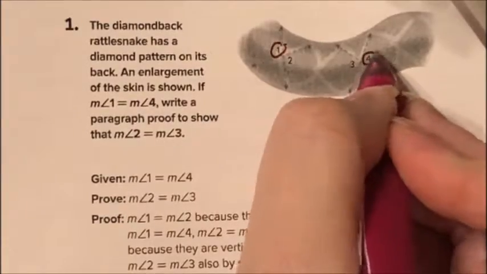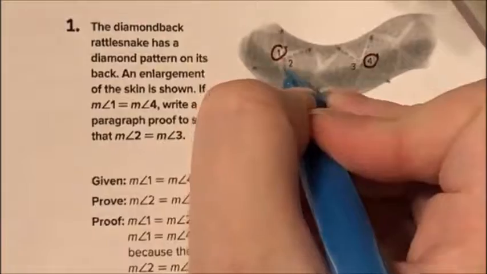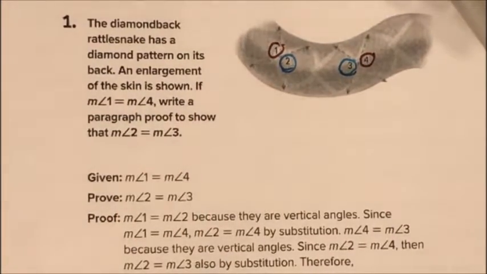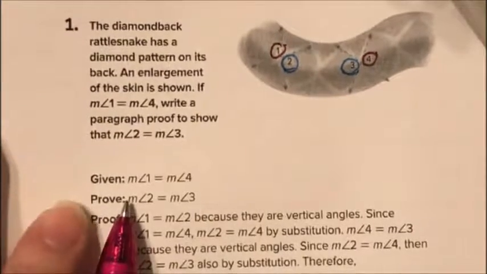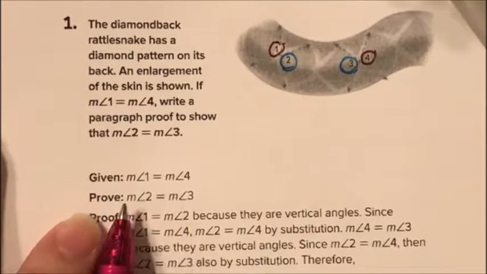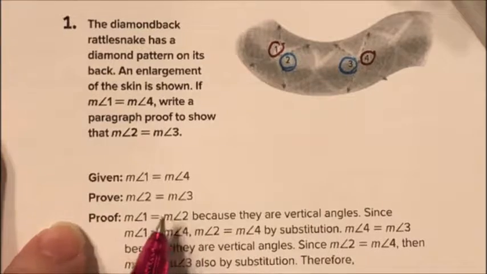Here's 4. I want to know that 2 is equal to 3. So I'm given the information measure 1 is equal to the measure of angle 4, and I want to prove that measure 2 equals the measure of angle 3.